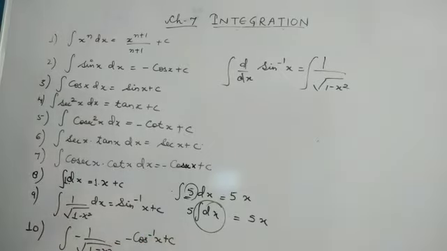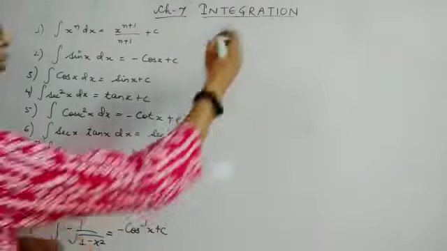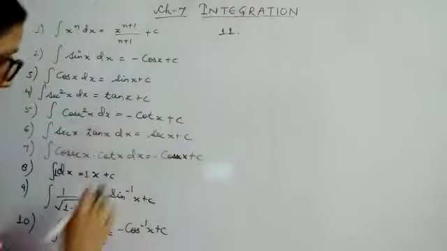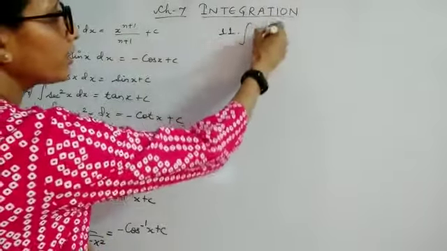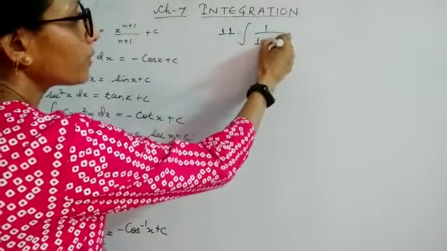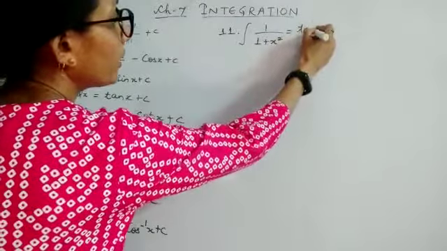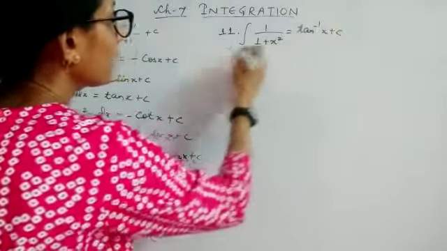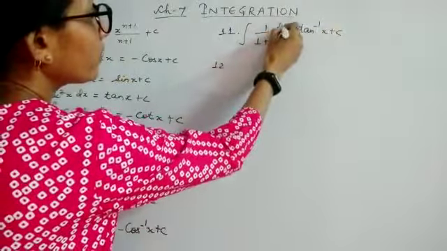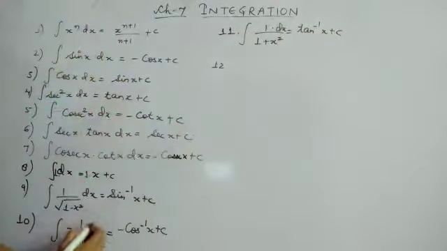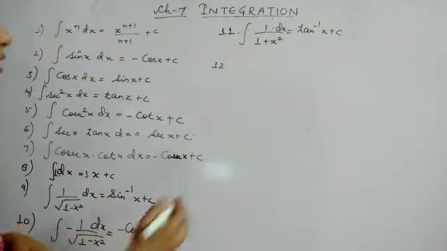Moving on. Now our next formula is for tan inverse, that is integration of 1 upon 1 plus x square, or a square plus x square. It is your tan inverse x plus c. We are integrating with respect to x, so everywhere you write dx.